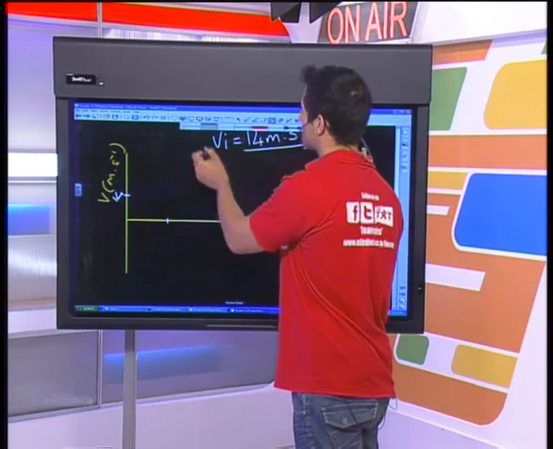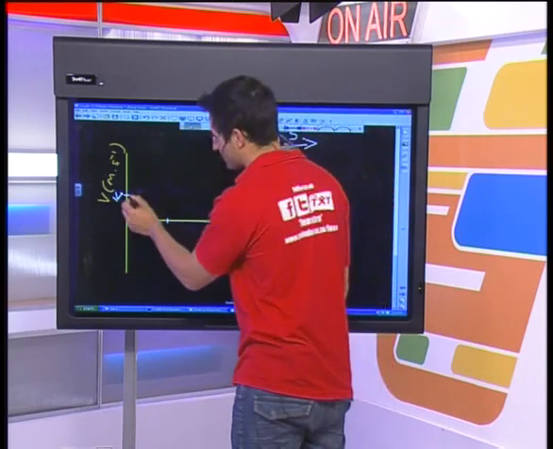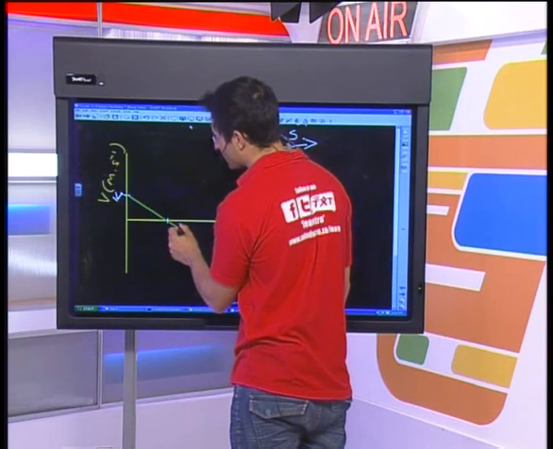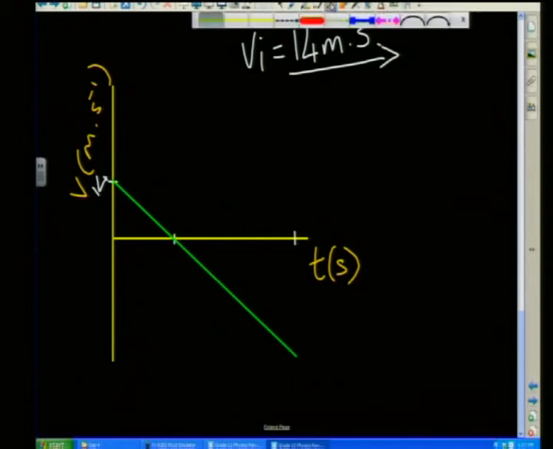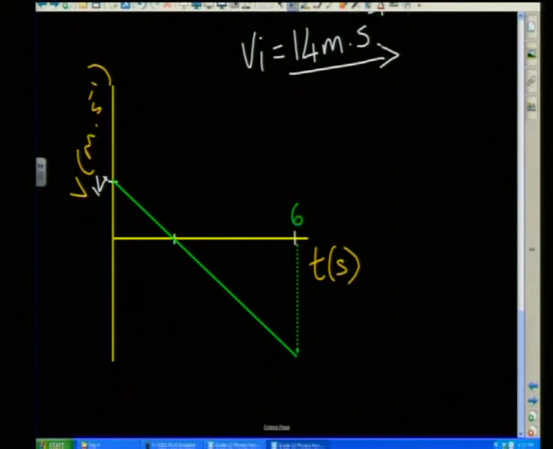All that I know is that the velocity is going to steadily decrease through 0. That's when it changes direction and carries on downwards. So what I need to say about that point is that that point itself is 6 seconds. So 6 seconds is once it's gone all the way up.